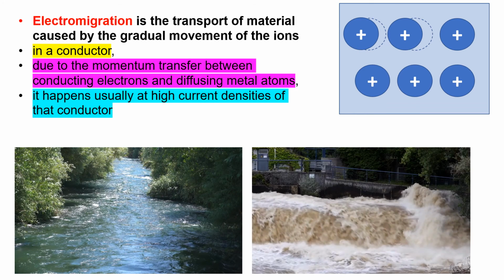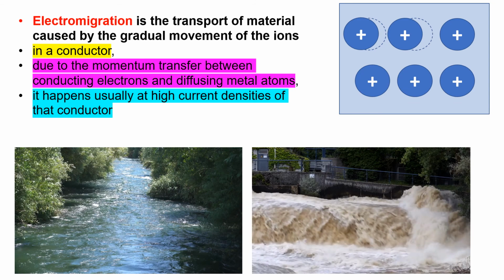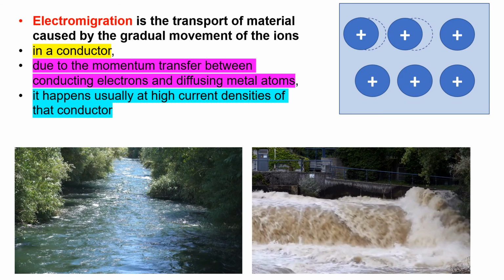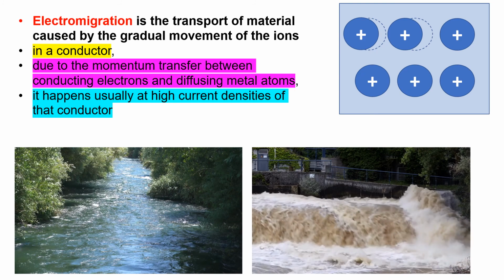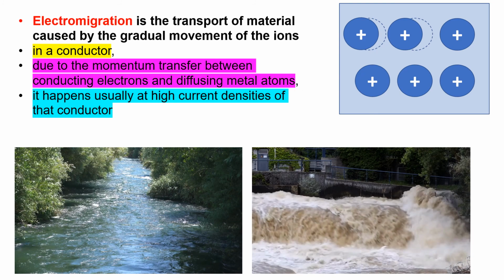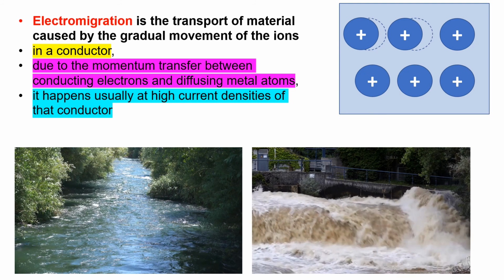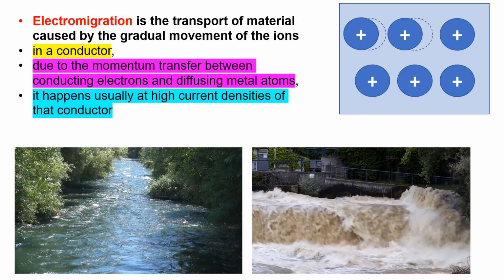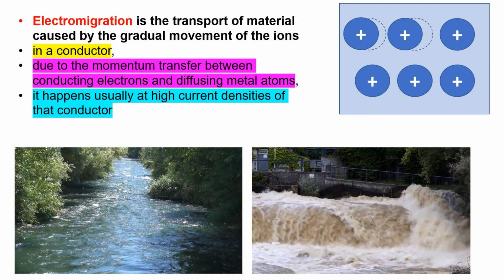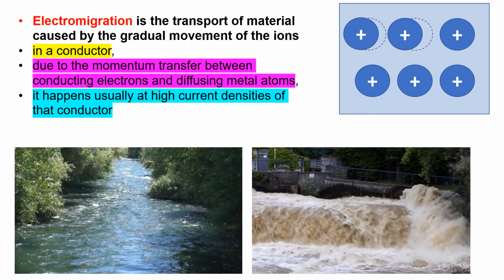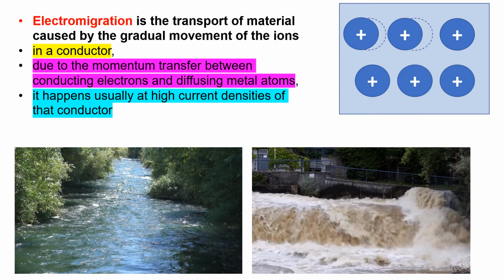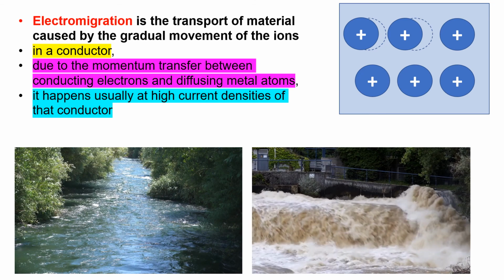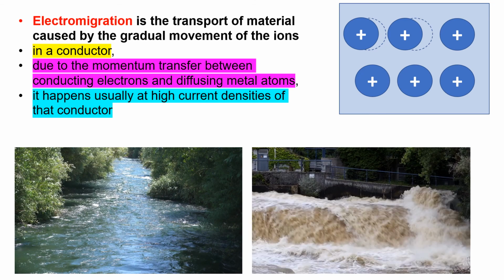Yeah, in this case the water is moving turbulently and a lot of soil is also moving along with the water. You can see that the water color is brownish. That means there is a lot of soil in this water. So this resembles a case where the current density in a conductor is far higher than the current density limit of that conductor.